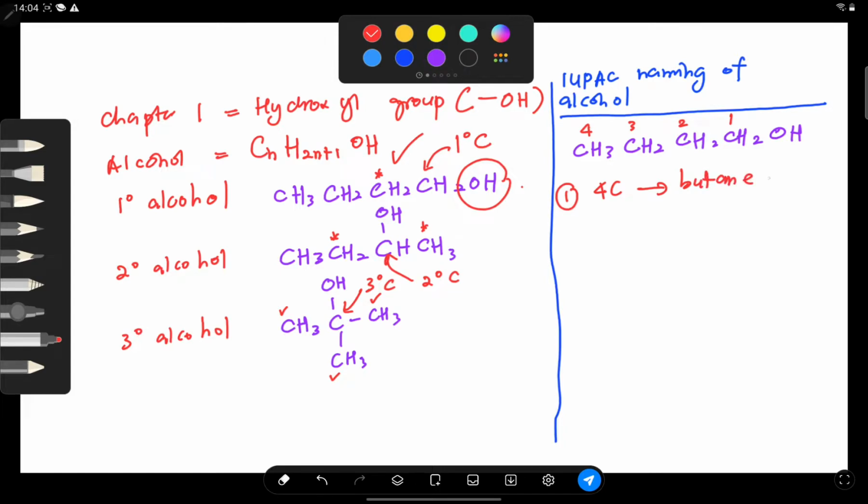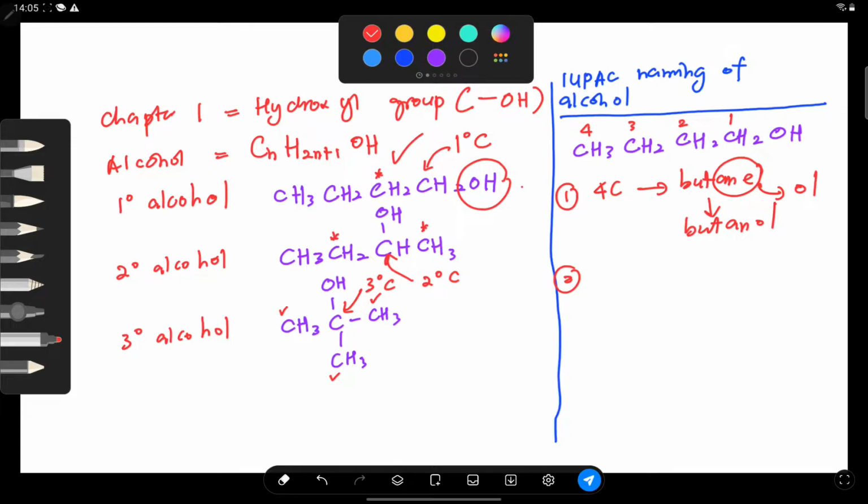When it is an alcohol, this 'e' will change to 'ol'. So, it will be butanol. And after that, you need to locate the position of the hydroxyl group. Make sure the location of the hydroxyl group is at the lowest number.